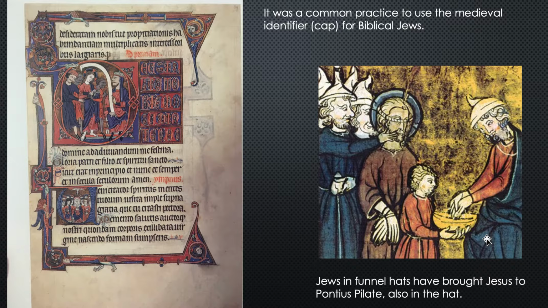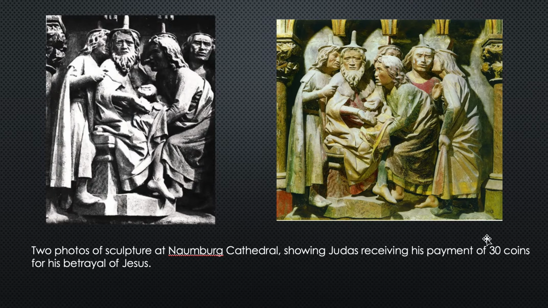You take care of him. And in this passion story, this chronologically even occurs before the last scene, but this is Judas going to the chief priests to see what he can get for betraying Jesus. So he goes to them and he's paid off with 30 pieces of silver.